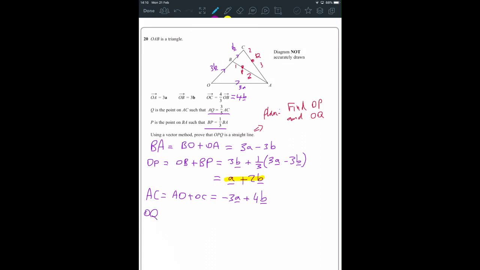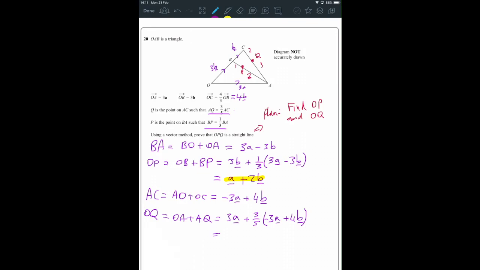Then O to Q is O to A plus A to Q. O to A is 3A plus, well, now A to Q is 3/5 of AC, hence why we worked out AC, using that fact up there.